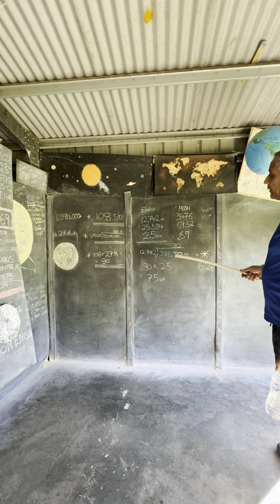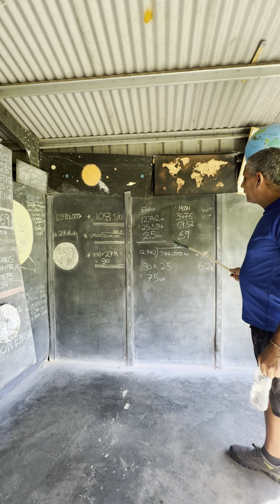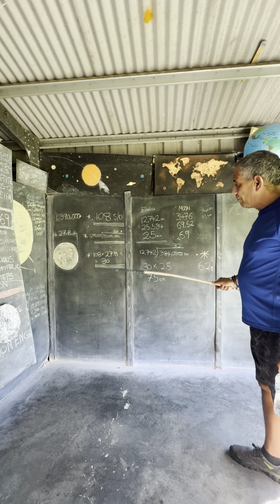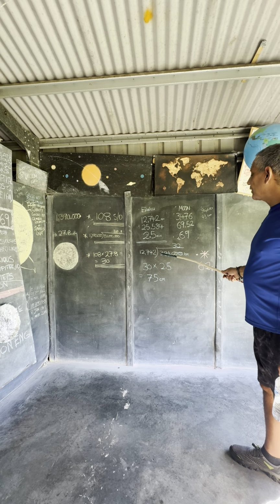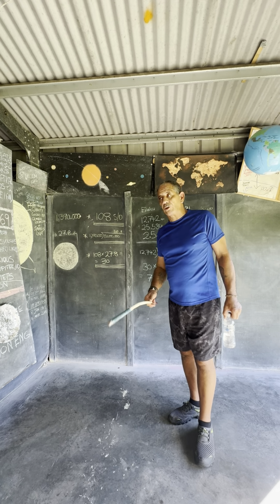We've got 30 meters. We've got a 2.5 millimeter Earth. We've got a 0.69 of a millimeter moon. The distance between the Earth and the moon. The average distance between Earth and the moon is 384,000 kilometers.